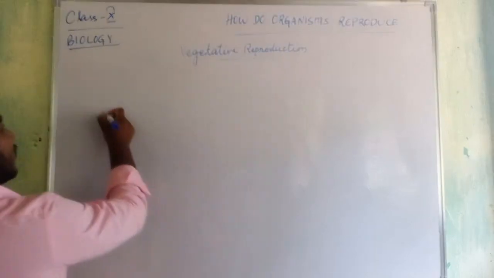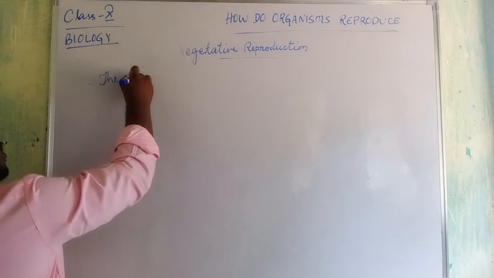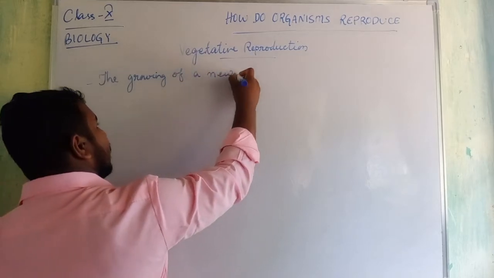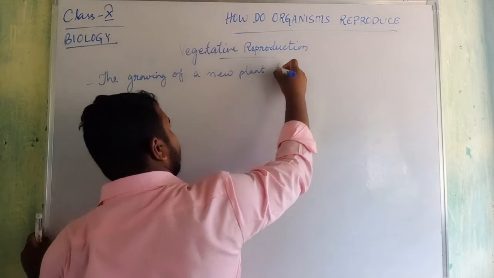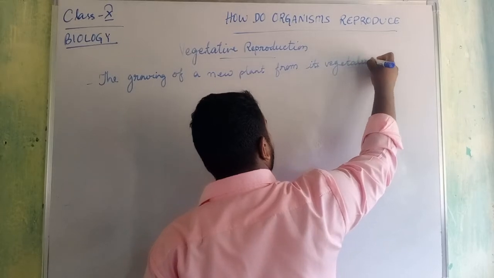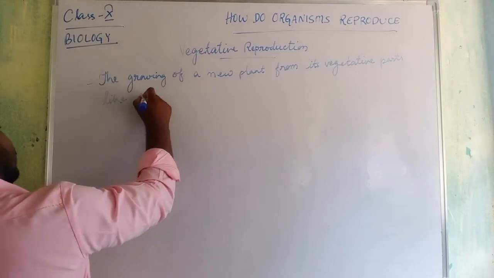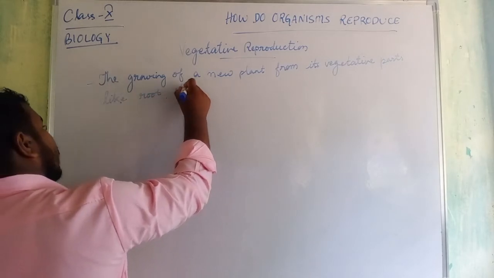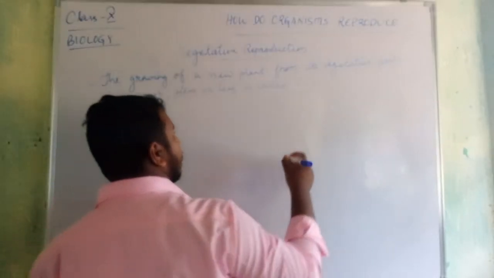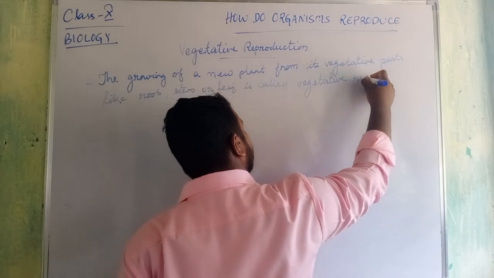Vegetative reproduction. So you write here definition: the growing of a new plant from its vegetative parts like root, stem or leaf is called vegetative reproduction.